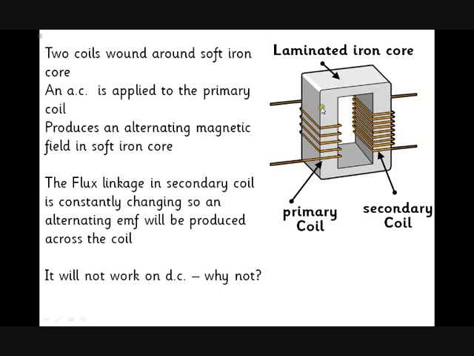The soft iron core, if you like, transmits this magnetic field all the way around it, so you end up with a changing magnetic field in the secondary coil, or a changing flux linkage in the secondary coil. And we know that the rate of change of flux linkage produces an EMF.